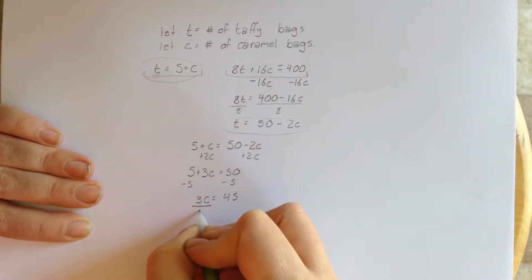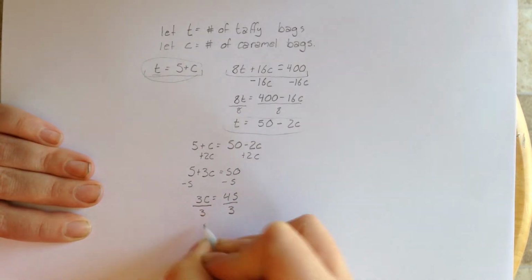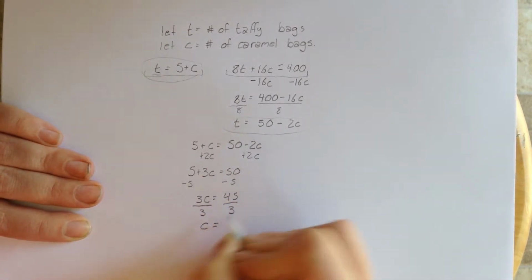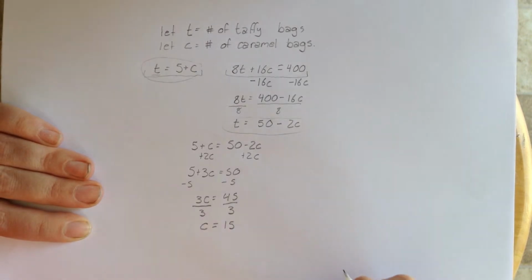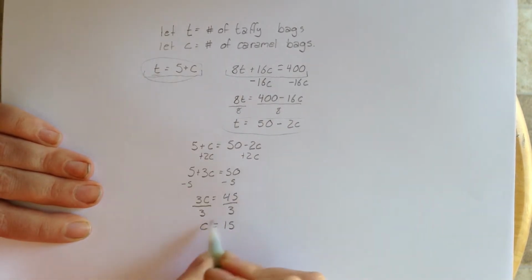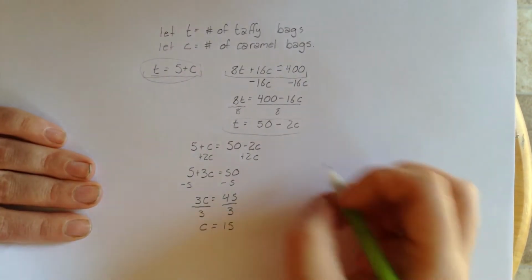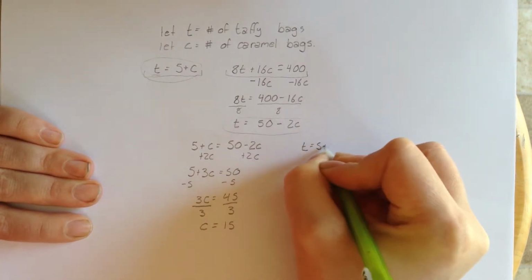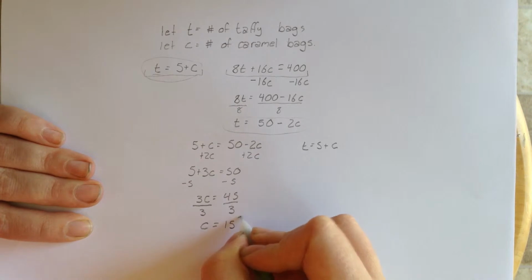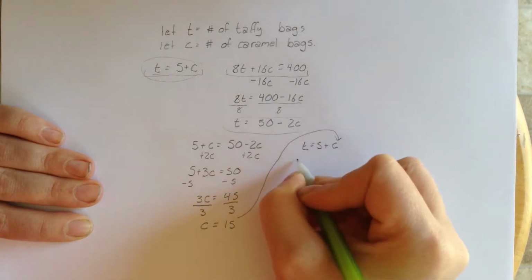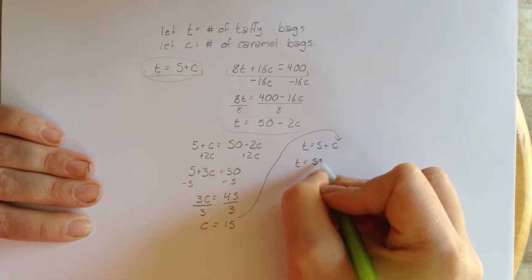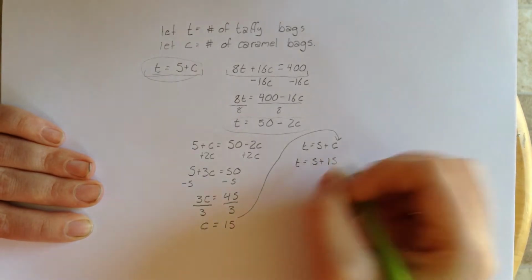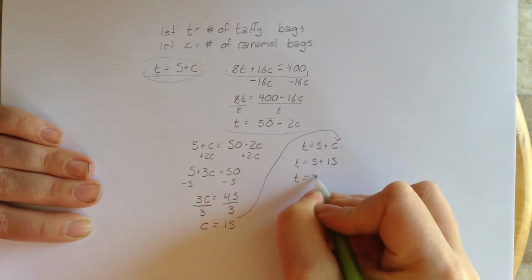And then I'll divide both sides by 3. And I end up with c equals 15. And then I could substitute my c back into one of my original equations. Let's do this one because it's nice and short. So if t equals 5 plus c, and c equals 15, then t should equal 5 plus 15, which would make t equal to 20.